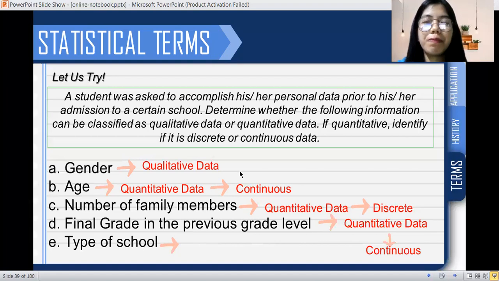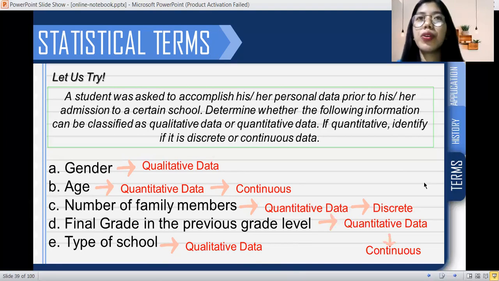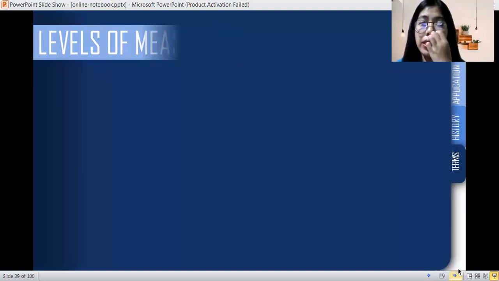Ano kaya to? Kung yung answer mo ay qualitative data, then you are correct. Now, bakit po? Dahil pwede po yung type of school niya is a public school or a private school. Yun po yung mga maaaring sagot doon. Okay? I hope na naintindihan na natin yung about sa quantitative and qualitative data. And of course, the discrete and continuous data.